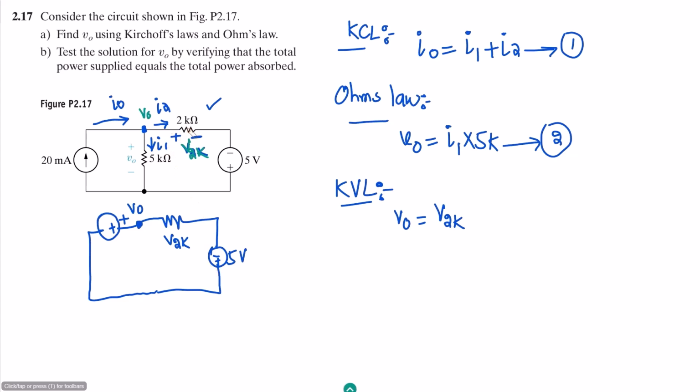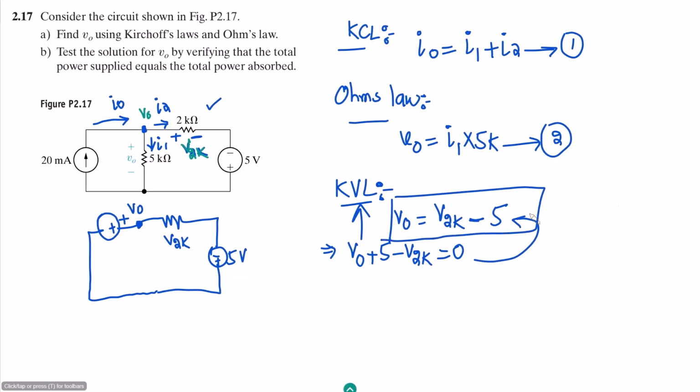So from this one it will be subtracted because it has the same polarity as V naught, so it will be minus 5 because of this 5 volts. In a single equation we get V naught plus 5 minus V2K equal to 0, and that is the KVL. Let me call it equation 3.